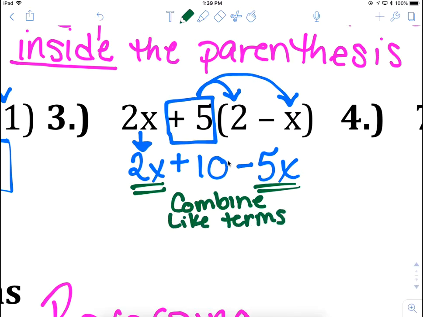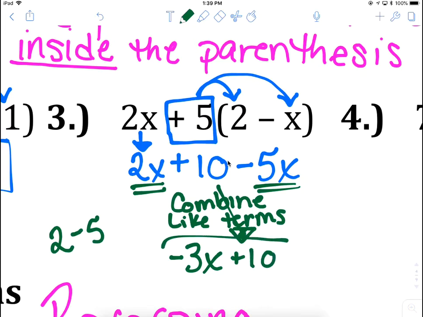So if I do 2x minus 5x, that's the same as doing 2 minus 5. You can use a calculator if you need to, but we're going to go ahead and write that as negative 3x. And then since the 10 didn't change at all, we're just going to bring him down, plus 10. That right there is my final answer.